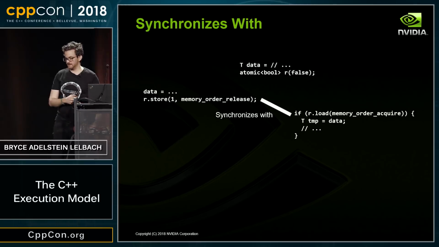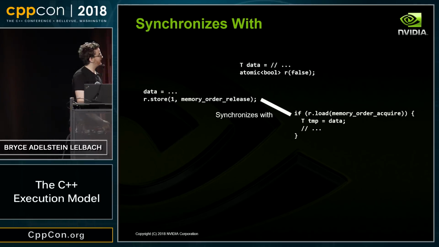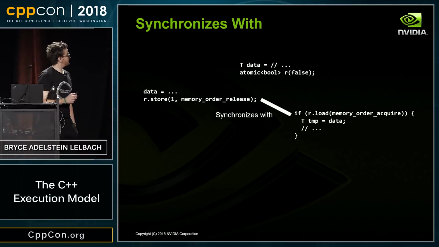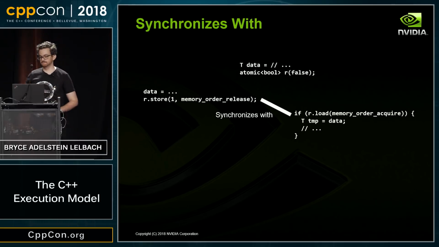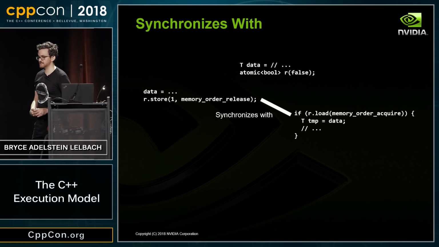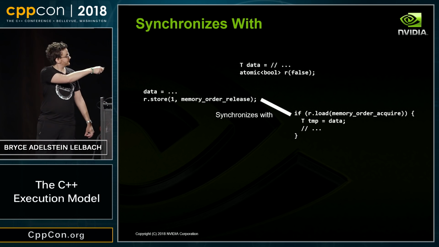Like in this case here, I've got some simple example where I have a store release and a load acquire. And in this particular valid execution of this program, this store happened and this load observed the store. And so in this case, there is a synchronizes with relation from here to here.